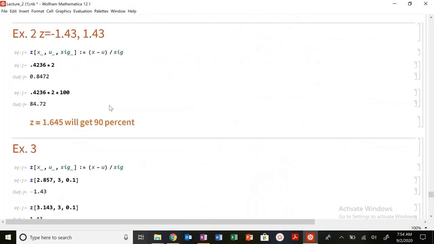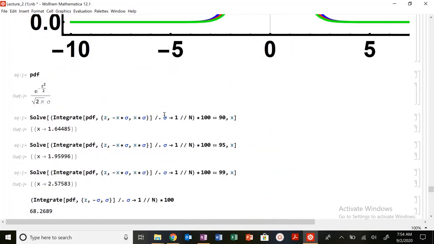If I want to find where 95% of my data falls, and I'm arbitrarily setting sigma equal to 1, all I have to do is integrate my PDF and solve for x as a function of x times sigma. So what I'm going to get is these values in terms of multiples of my standard deviation. If I know my standard deviation, I could get the exact value, and we'll see that in a second, but I'm keeping this very general at this point.